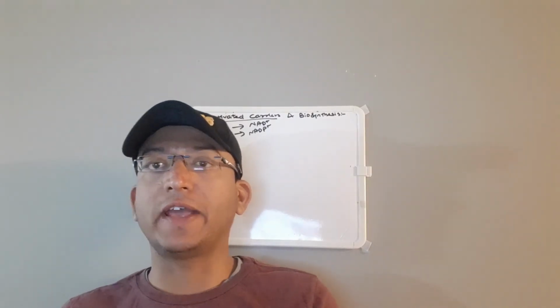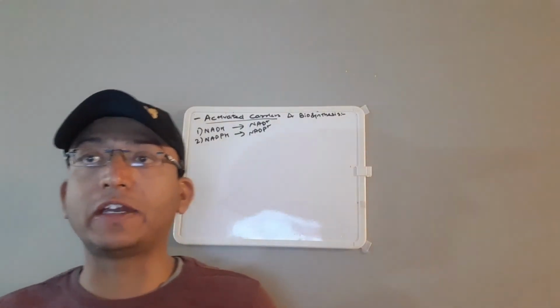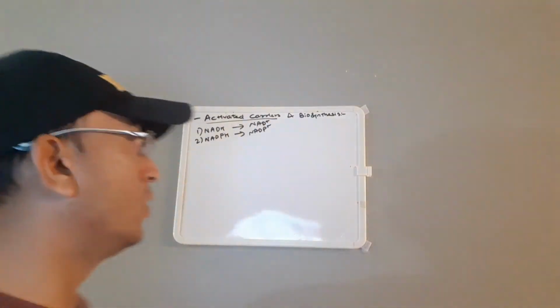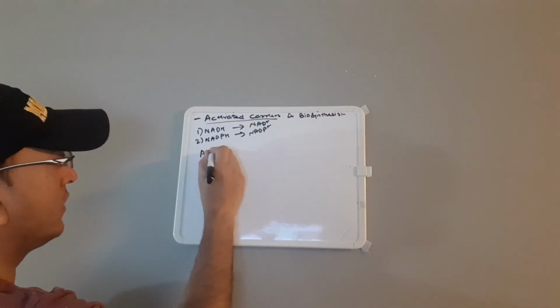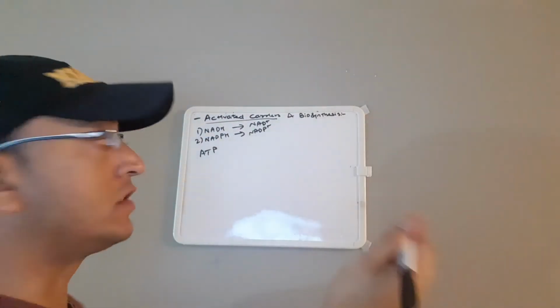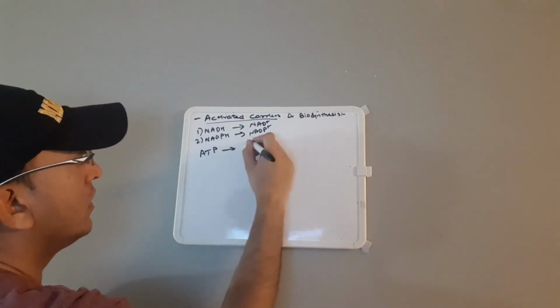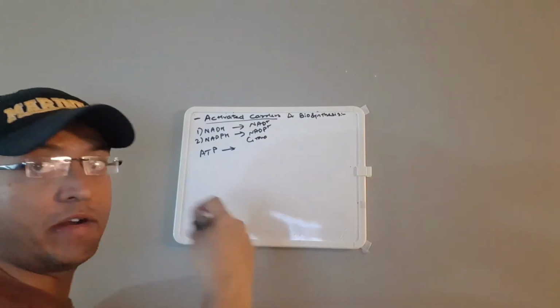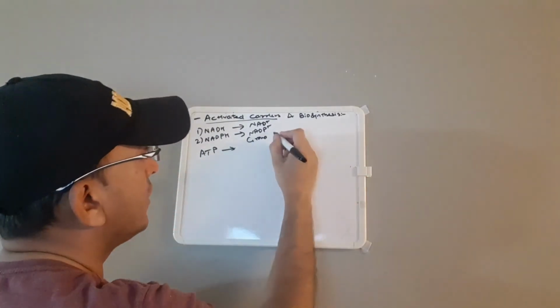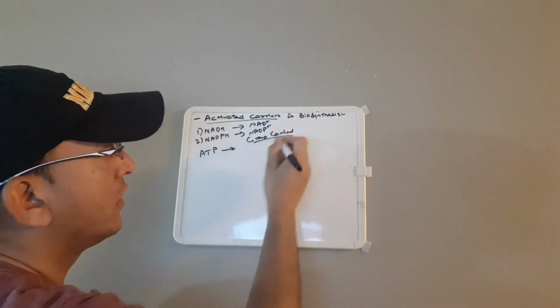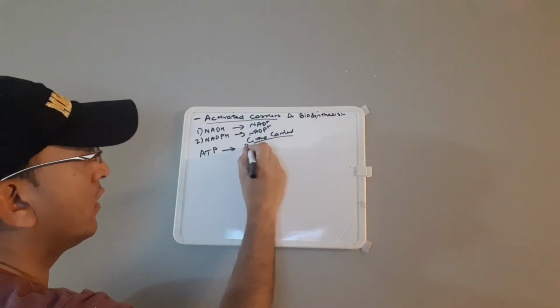Besides ATP and NADPH and NADP, there are some other activated carriers used in the cells as well. As we write, for ATP, the group carried in the high energy linkage is phosphate.